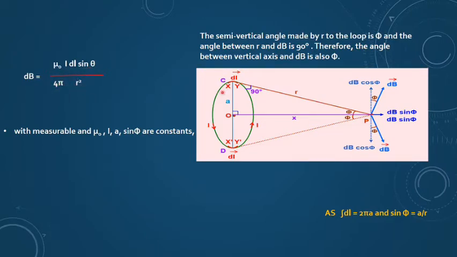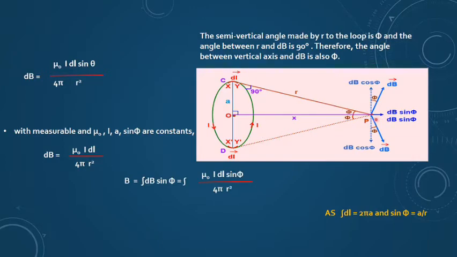Now here theta is the angle between dl and r, which is equal to 90 degree. So sin 90 will be equal to 1. So you get the value of dB here as mu naught I dl upon 4 pi r square. This is for the dB. Now if you are taking the components, you add the components as I have already explained.